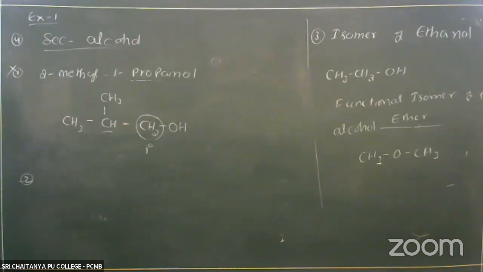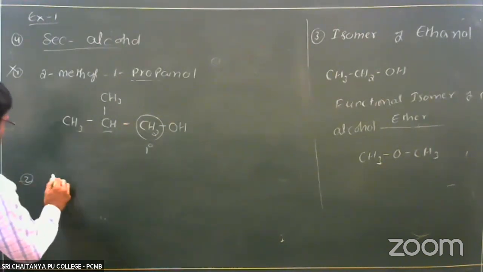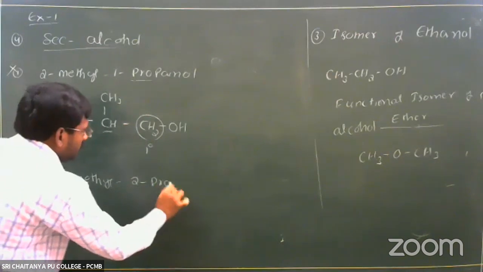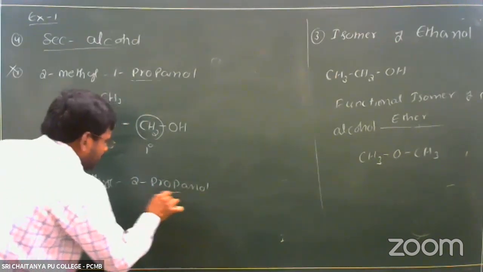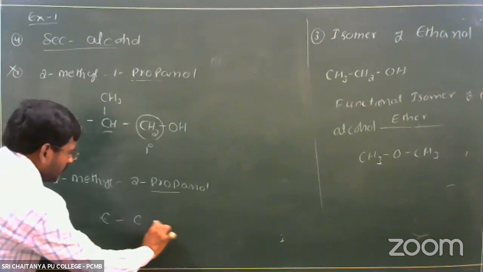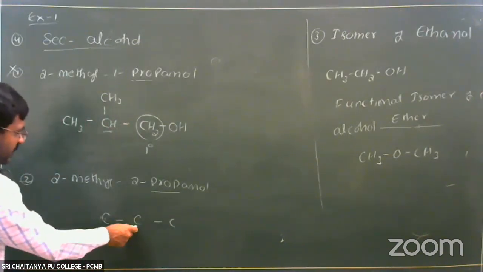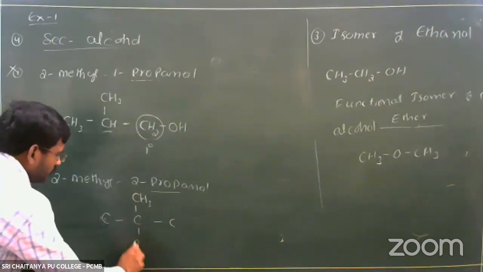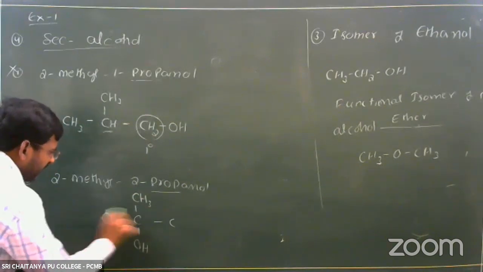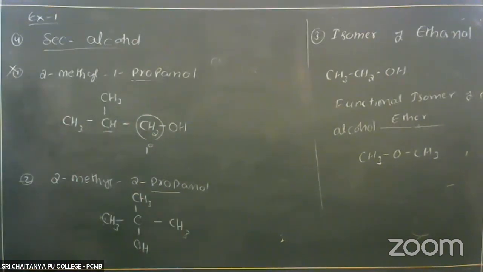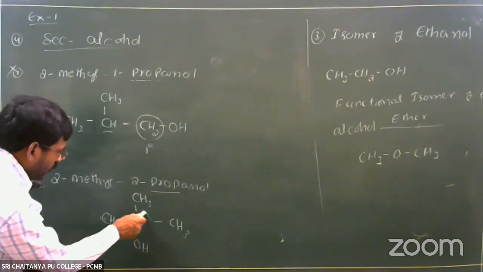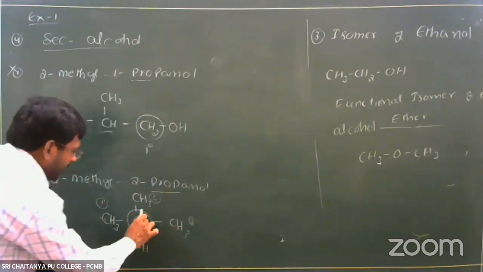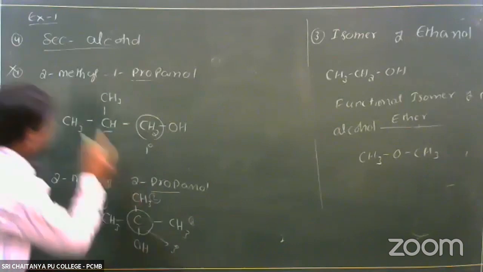Next, the second option is 2-methyl 2-propanol. Propan means 3 carbons. The OH group is attached to this carbon, which is attached to another 3 carbon atoms, so it is a tertiary alcohol, not a secondary alcohol.